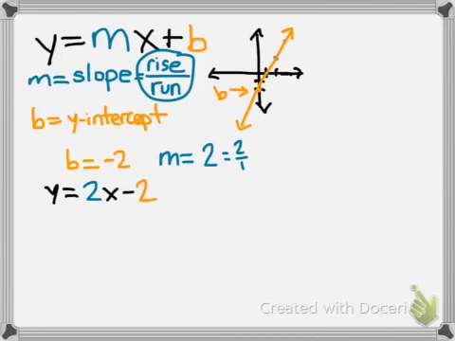So that's our equation, y equals 2x minus 2. So hopefully this gives you an idea of the different parts that go into finding out what y equals mx plus b is. You can find m by looking at the slope. You can find b by wherever it crosses the y-axis.